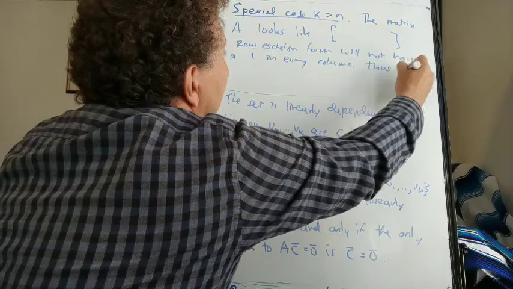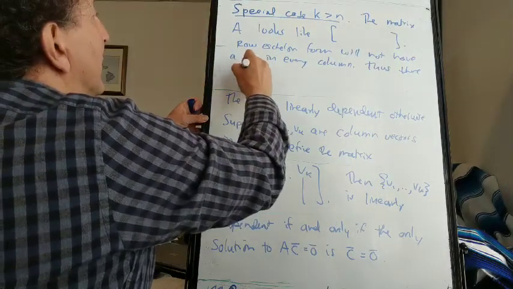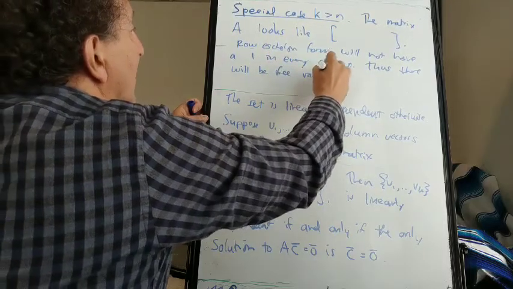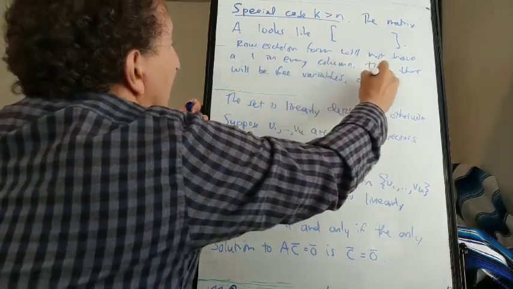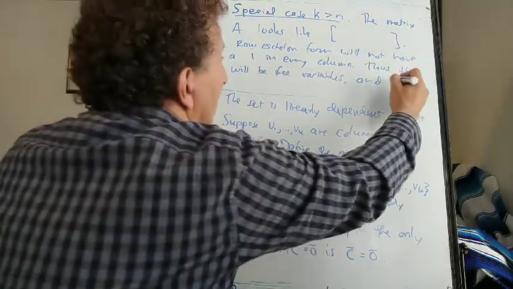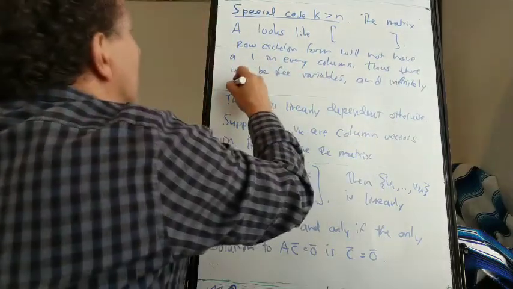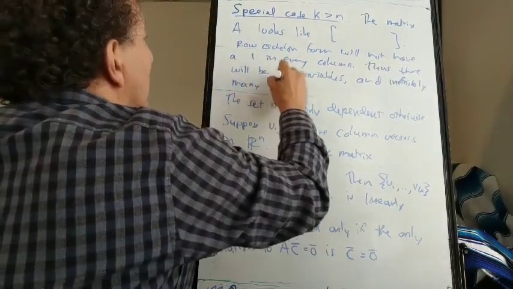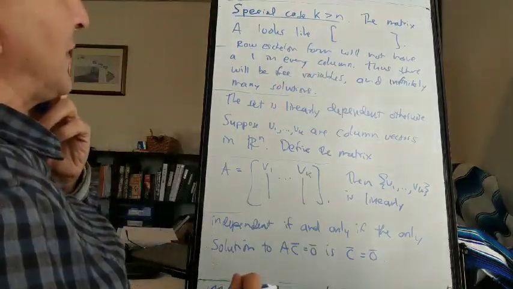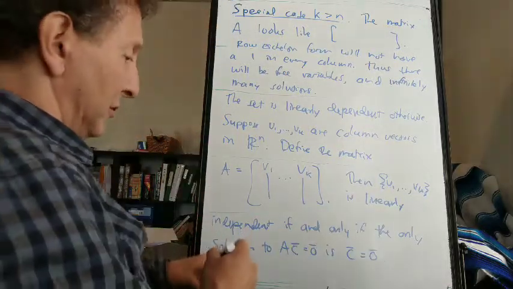So that means there will be free variables. And whenever there's free variables, there's infinitely many solutions. And if there's infinitely many solutions, then c equals 0 is not the only solution.